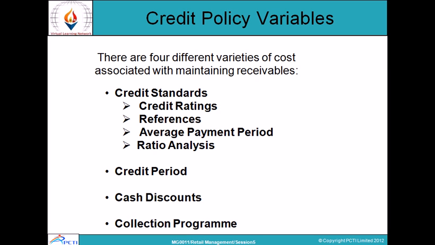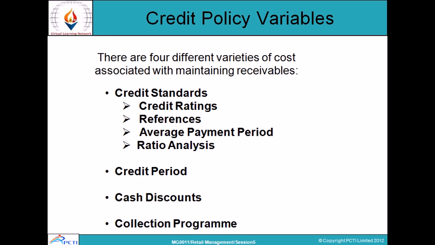The collection program in today's time consists of many things. A few are monitoring the receivables, reminding customers about the due date of payment, online interaction through electronic media, initiating legal action to recover the amount from the overdue customer, and many more.